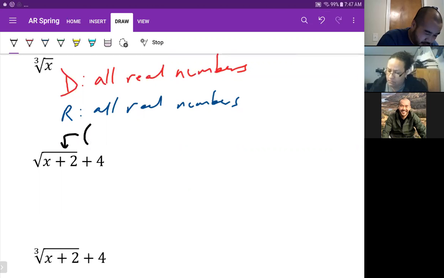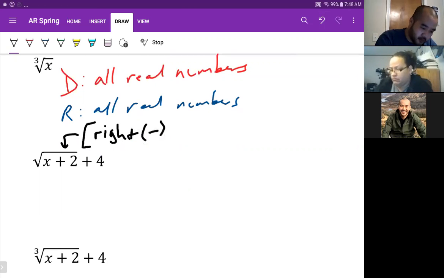How should I write this? If it's negative, it'll shift it to the right. Shift it to the right if it's negative, and left if it's positive.